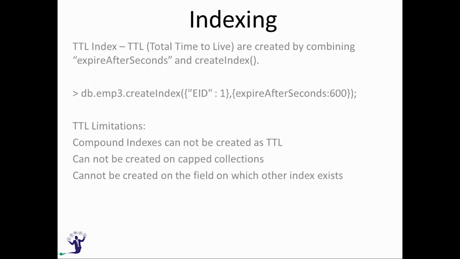But fetching the data on the city is not a regular requirement, it is a temporary requirement. So what do you want? You want a temporary index. One way is you create an index, and once your task is over, you drop the index.